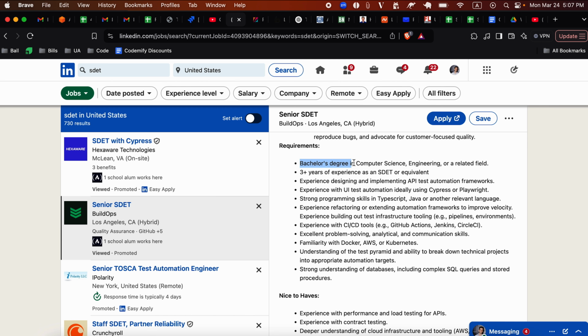Number 1, bachelor's degree in computer science, engineering, or related field. In 99% of the cases, you are not going to need any degree. I never finished even college. The high school diploma is the best thing that I got out of my life so far in terms of education, and that was back in Ukraine in 2007, if I'm not mistaken.